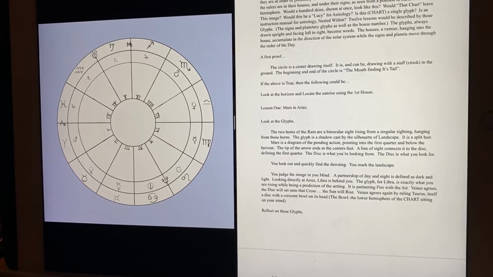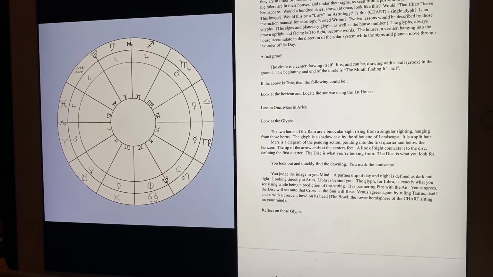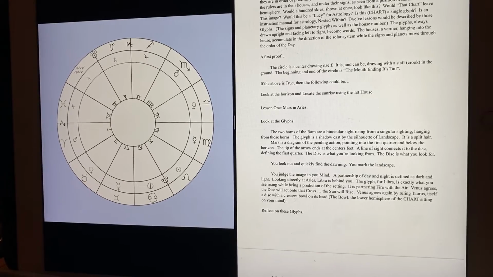The largest database of information is about the visible planets. And now we've added asteroids and comets and all sorts of other objects, and we've created all of these other symbols that I have not even done research on. But anyway, continuing with this article. The sun and moon look up through two sets of these rulers, and they are in order of proximity to the sun.